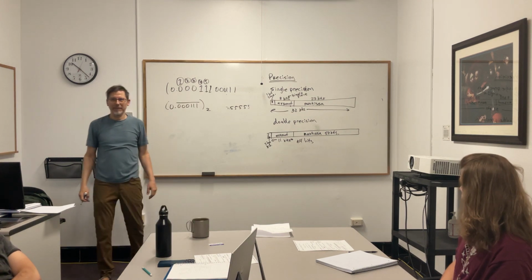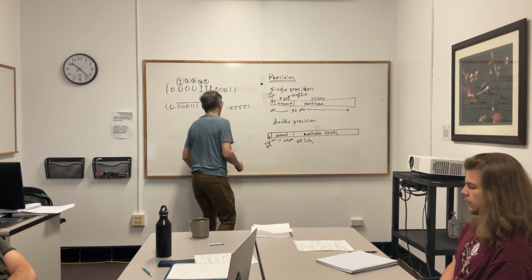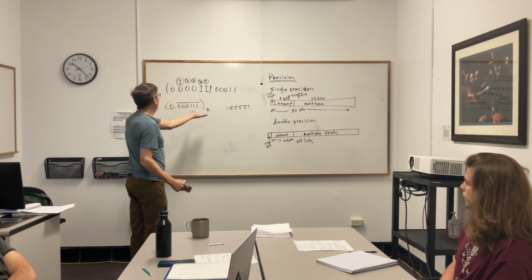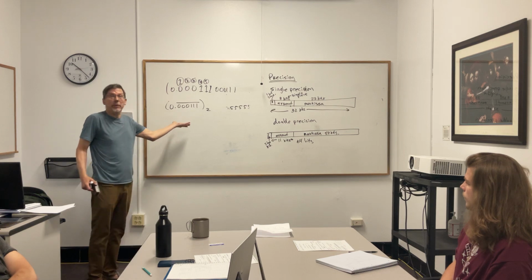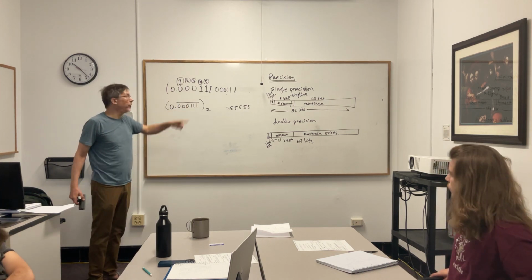All right, let's do an example. Full example of this whole thing. And let's in fact do it with, why not just do it with 1/9? I'm going to convert this into single precision IEEE.